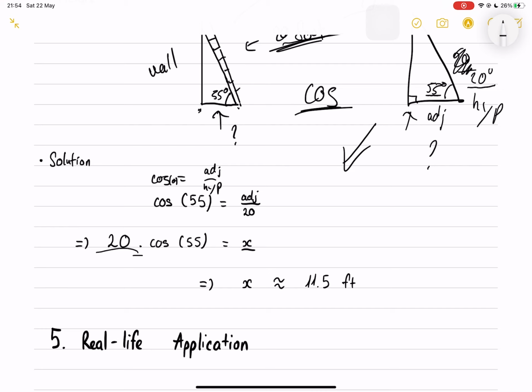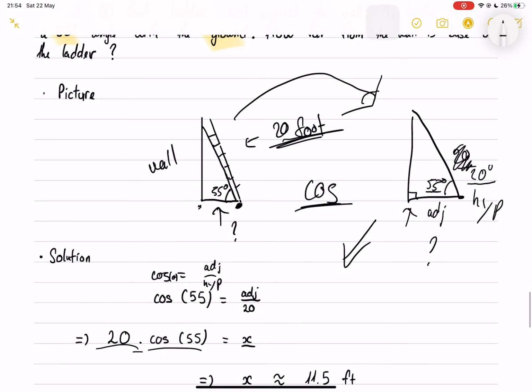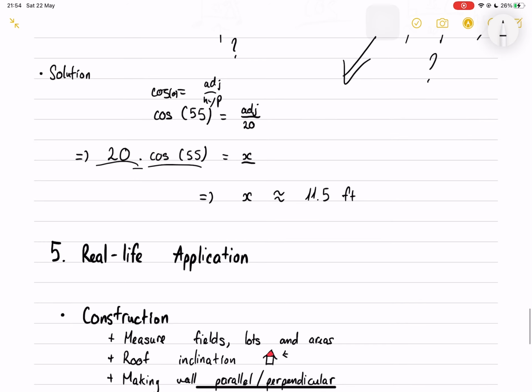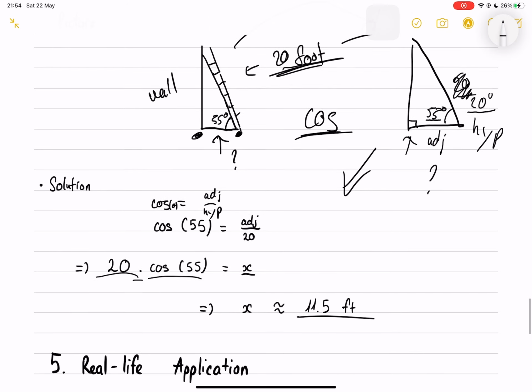So 20 multiplied by cosine of 55 we will get x, or in the problem the length from the base of the ladder to the wall. And we got the length of 11.5 feet.